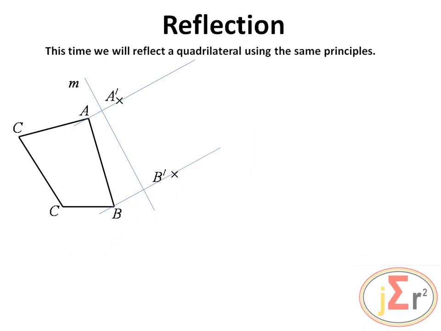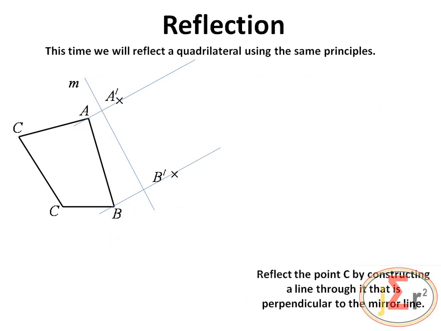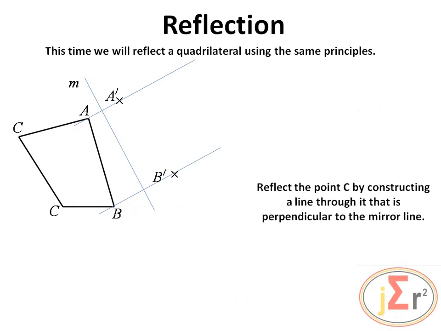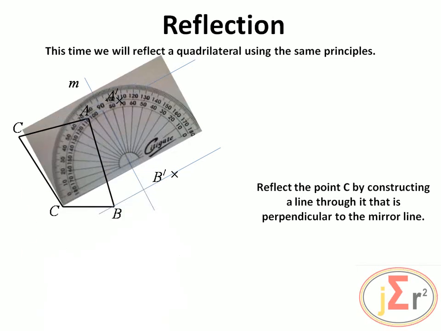Let us do the same thing with C. Reflect the point C by constructing a line through it that is perpendicular to the mirror line. Draw a line that goes from C across the mirror line. How did we arrive at it? Straight edge of the protractor passes through C, and the 90 degrees line of the protractor is on the mirror line.